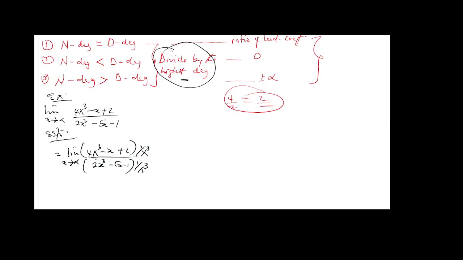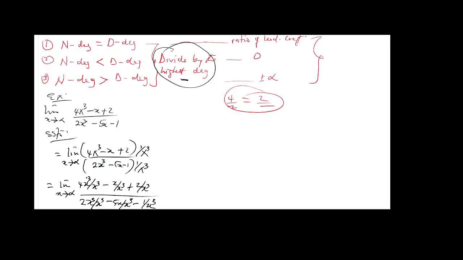If we distribute this, we have the limit as x approaches infinity of 4x cubed divided by x cubed, minus x divided by x cubed, plus 2 divided by x cubed, all over 2x cubed divided by x cubed, minus 5x divided by x cubed, minus 1 divided by x cubed.